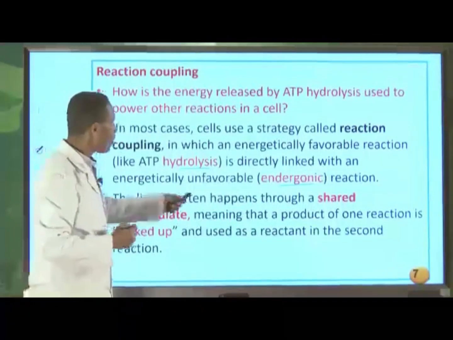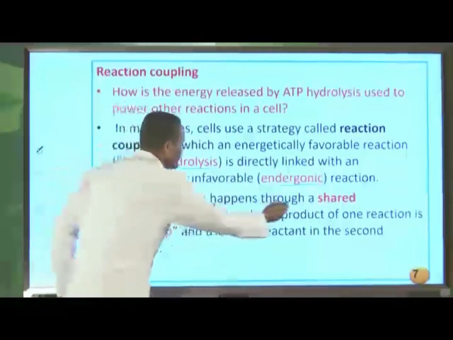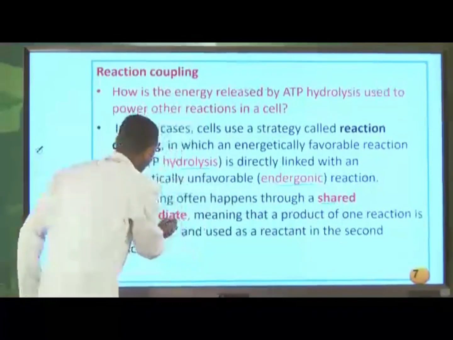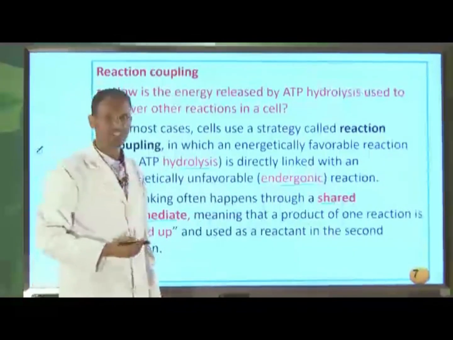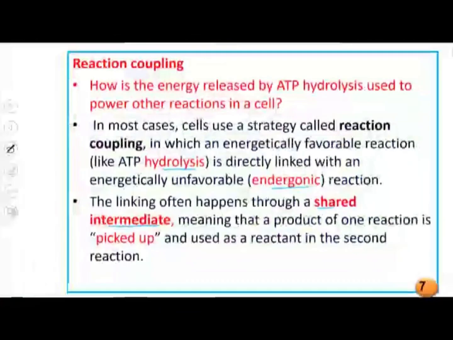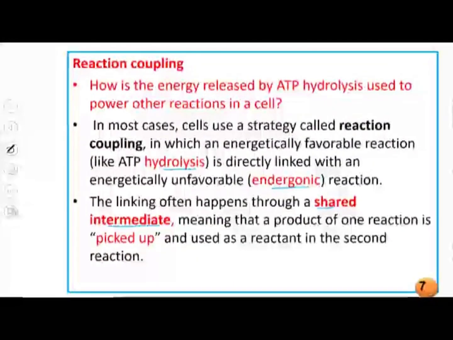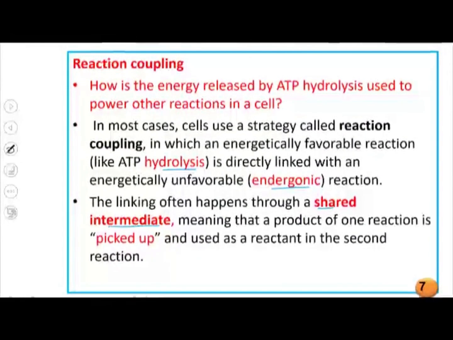The link often happens through shared intermediates. In a coupled reaction, there should be a shared intermediate, meaning that the product of one reaction is picked up and used as the reactant for the second reaction in the coupled reactions.